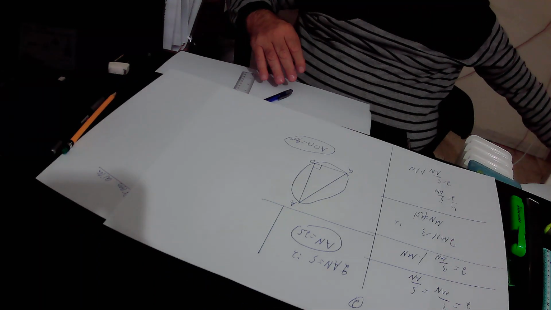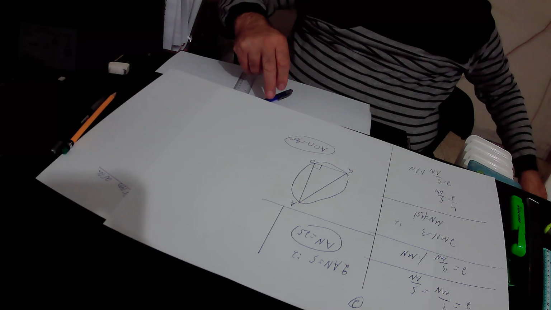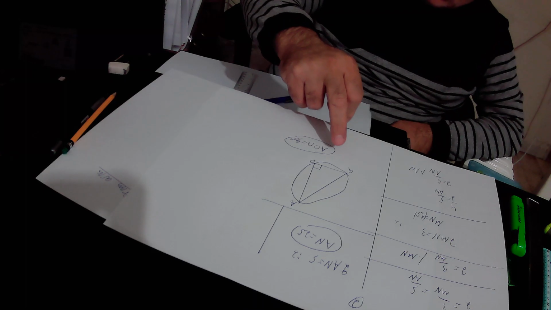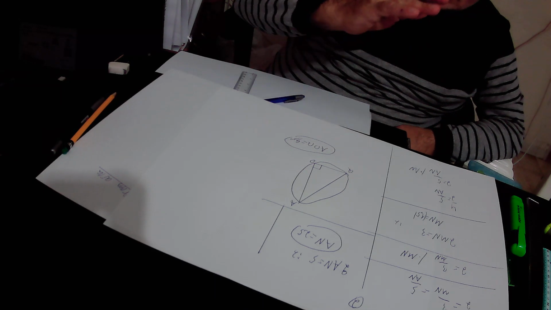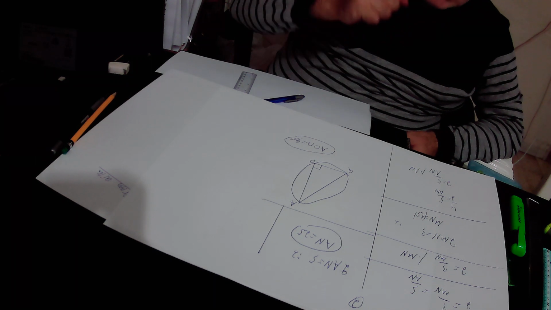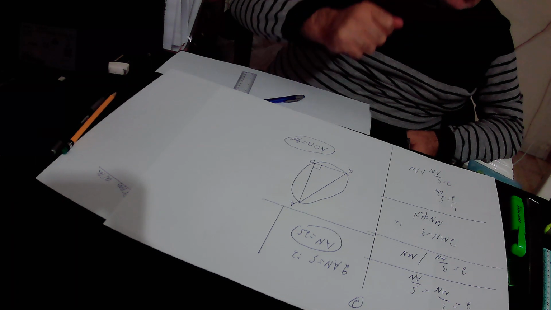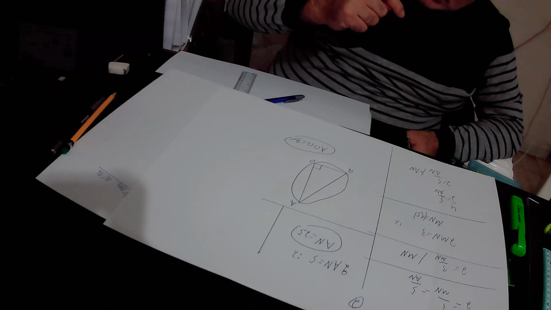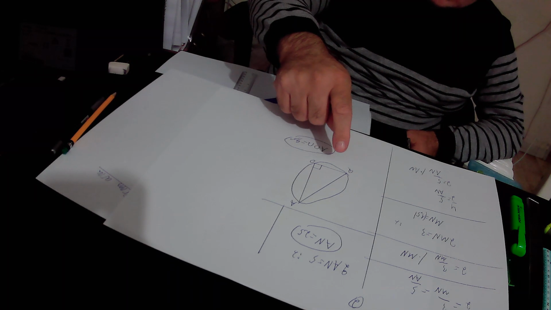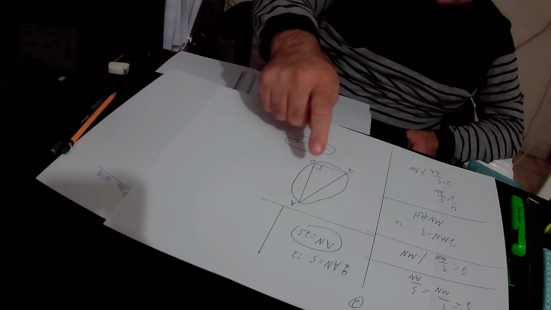So here we have peripheral angle AOQ that is equal to 90 degrees, therefore it rests on AQ, that is, AQ must be the diameter of the circle. Why? Because a peripheral angle that is equal to 90 degrees must rest on the diameter of the circle, and it rests on AQ, therefore AQ is the diameter.